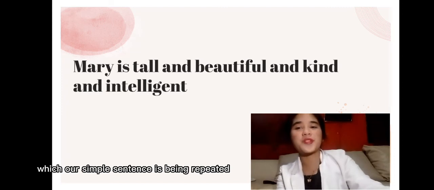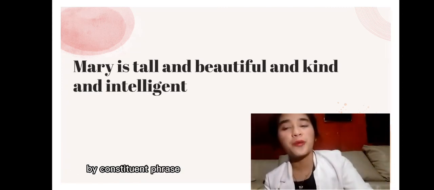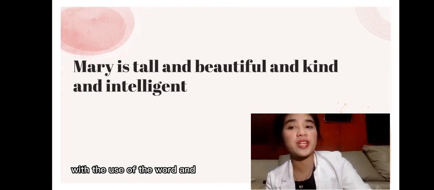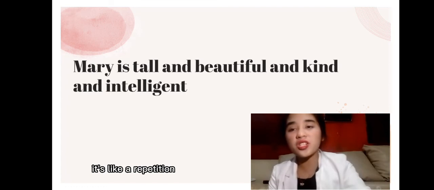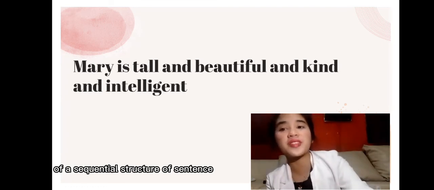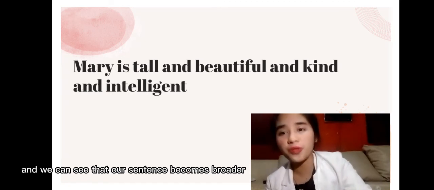Our simple sentence is being repeated by a constituent phrase with the use of the word and, followed by another word. It's like a repetition of a sequential structure of a sentence, and we can see that our sentence becomes broader.